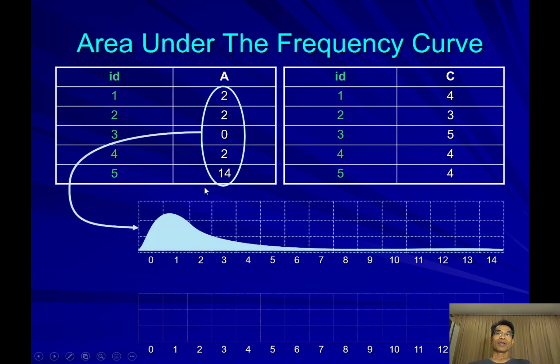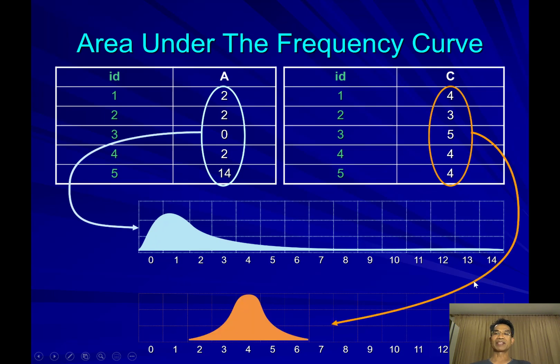Now if we put only the area under the curve, just like this, it can easily be seen that this is highly skewed data, where many observations are at low values, but some are at very high values.